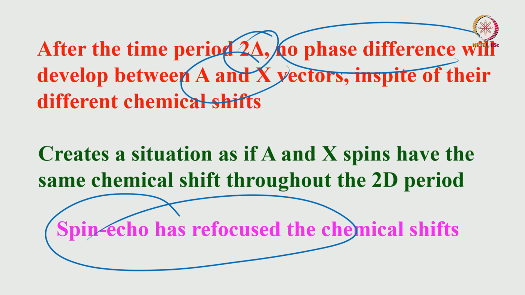I took the example of two homonuclear spins A and X. When you take homonuclear spins A and X, I showed that with spin echo, there is a chemical shift refocusing. The difference in the chemical shift between them is removed. When the difference in the chemical shifts is removed, we call it chemical shift refocusing.